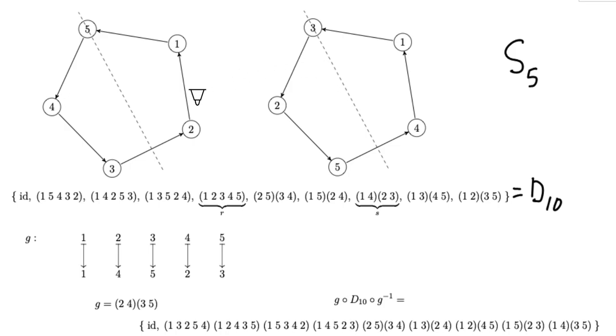Now, 1 going to 1, maybe 2 going to 4, 4 going to 2, so that doubles back on itself, swap places. This permutation right here, G, is the one that takes us from here, a configuration over here, to this configuration right here.